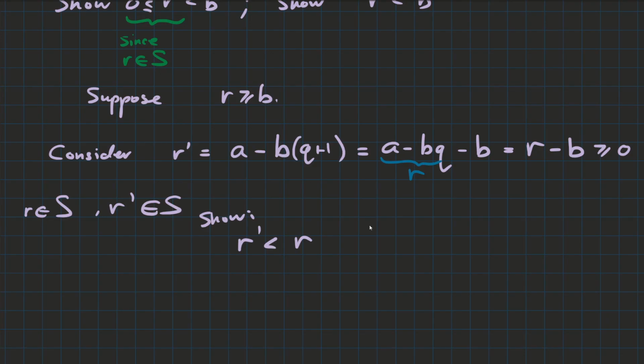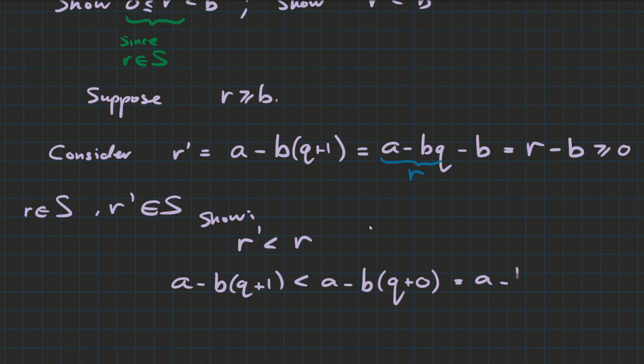Let's think about R prime. R prime is A minus B times Q plus 1, which is less than A minus B times Q plus 0. Not less than or equal to, just strictly less.